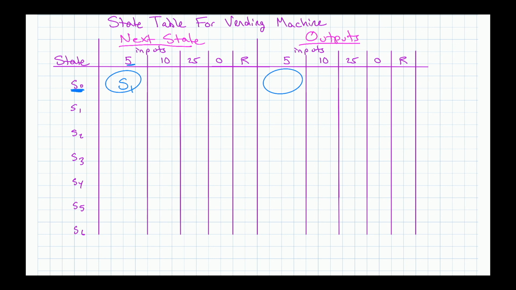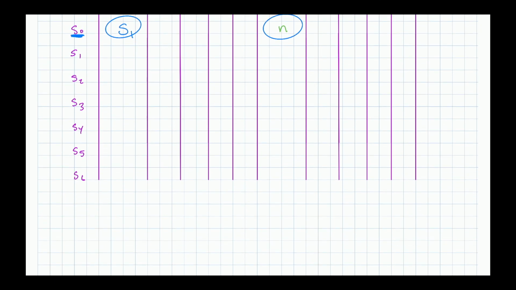And the answer is the machine outputs nothing. So we just put an N in there for nothing. Okay. Now the notation is up to you, right? For the outputs, N is output nothing. OJ is going to be output orange juice. And then AJ is going to be output apple juice.